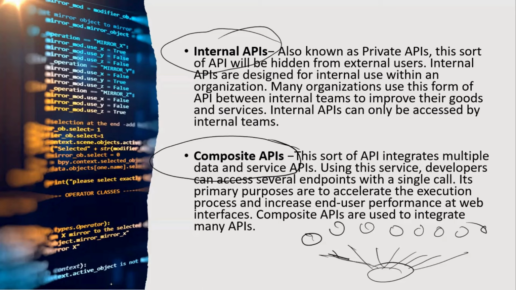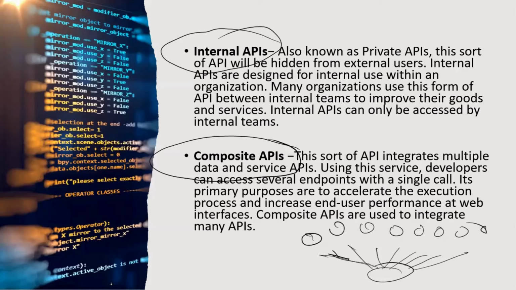Now I want the data for the next 7 days, what the weather would be this week. So the API call will go to 7 different servers that have the data of 7 different days, perform the call, and get the result back to my website all together. That's called Composite API.